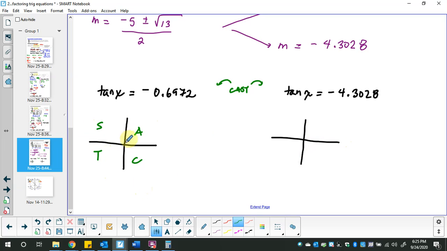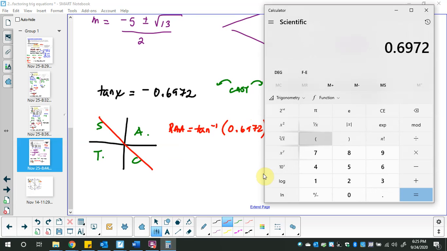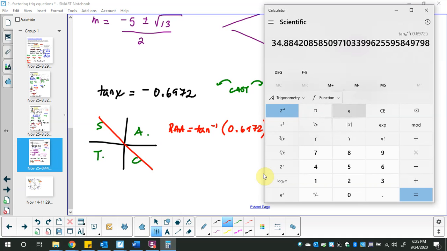So there we go. Tan is positive here and here, but I don't have a positive, I have a negative. So I'm going to put my sticks here and here. And then I'm going to RAA this. And I'm going to remember to not put in a negative. So 0.6972, second function tan.